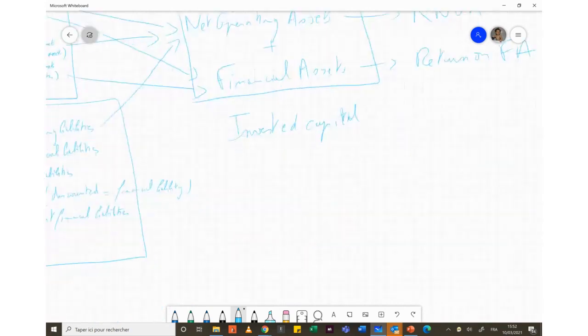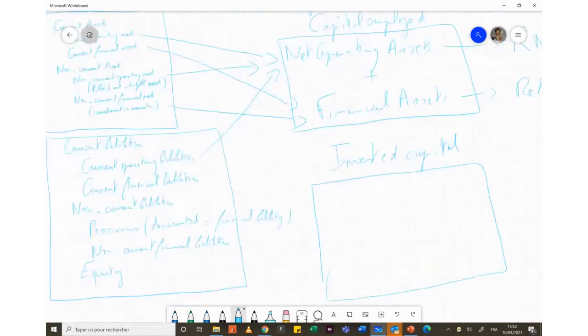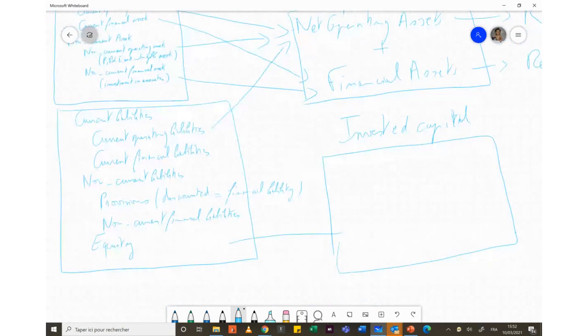So on the other part of the balance sheet, in the invested capital, you have the rest. So you keep the equity, and you keep the financial liabilities, including provisions, long-term provisions, financial liabilities, plus non-current provisions.